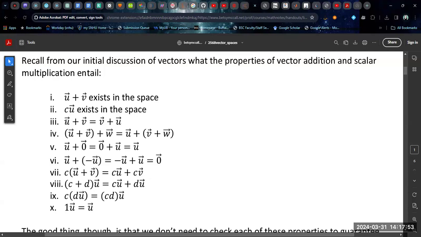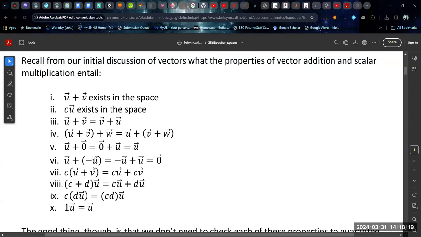The commutative property of addition: you can switch the order of addition and you get the same value. The associative property: if you add 3 vectors together, then it doesn't matter whether you add the first 2 and then the third one, or whether you add the second 2 and then the first one. There is a 0 in the space, and if you add it to a vector, then it's the same as the original vector.